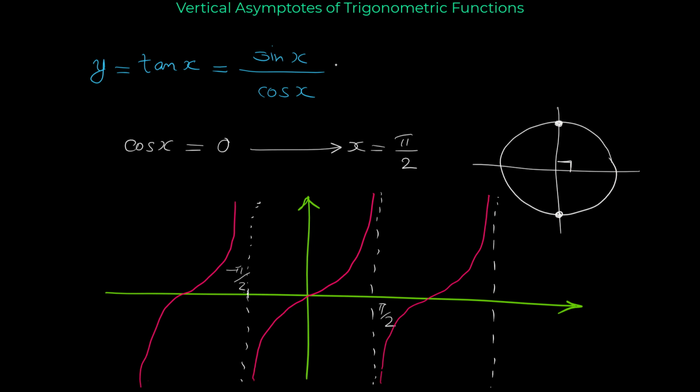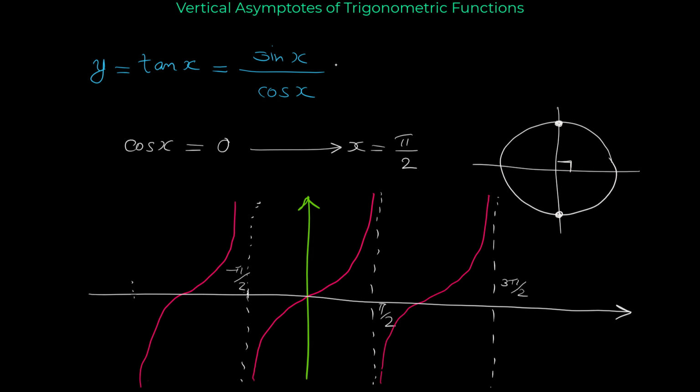What is this line here? 3 pi over 2. Do you remember here was 3 pi over 2? This shows the other vertical asymptote. But also 5 pi over 2, 7 pi over 2, 9 pi over 2, and so on are vertical asymptotes, and also negative pi over 2, negative 3 pi over 2, and so on.